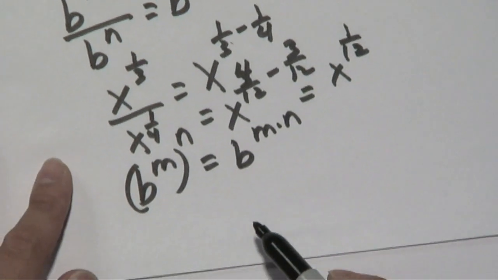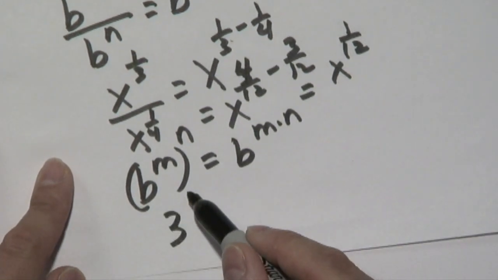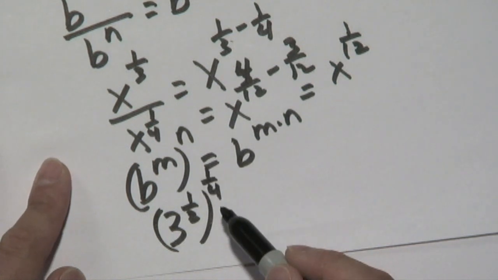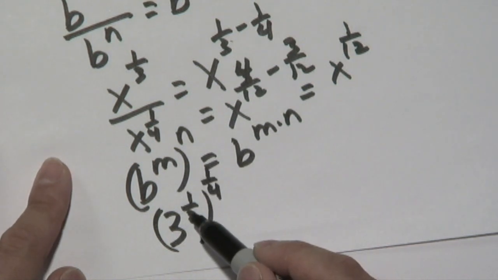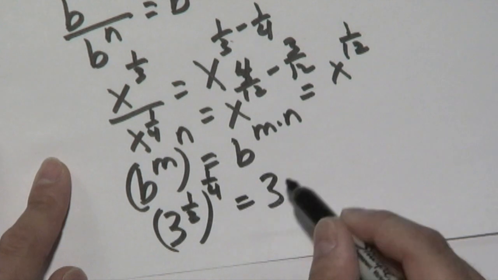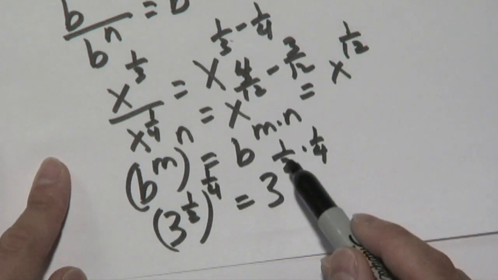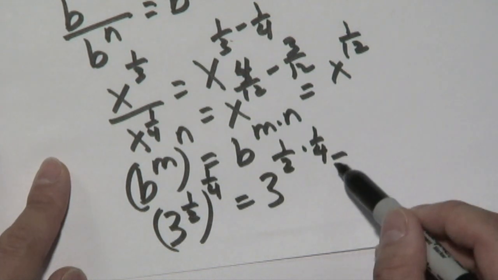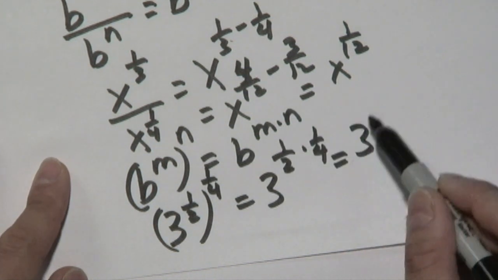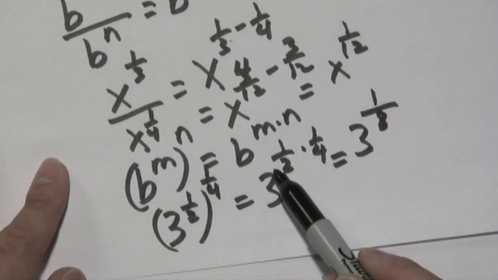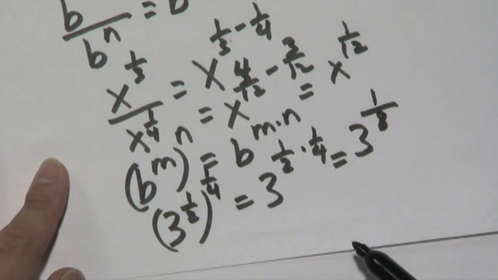So for example, if you have, let's just say, 3 to the 1/2 raised to the 1/4, what you do is you multiply the 1/2 and the 1/4 like so. And in this case, as you know, with multiplication of fractions, you multiply across. 1 times 1 is 1, and 2 times 4 is going to be 8. So 3 to the 1/2 to the 1/4 is really 3 to the 1/8.